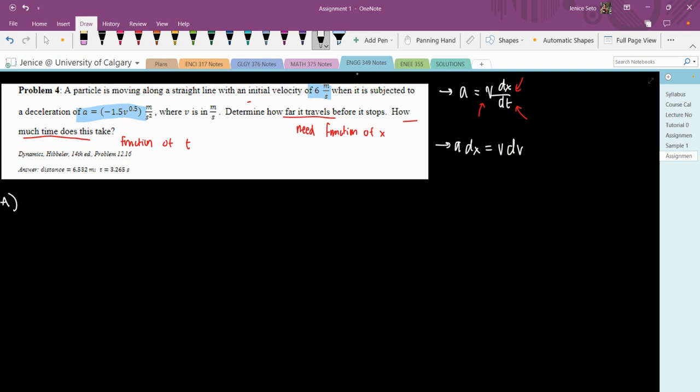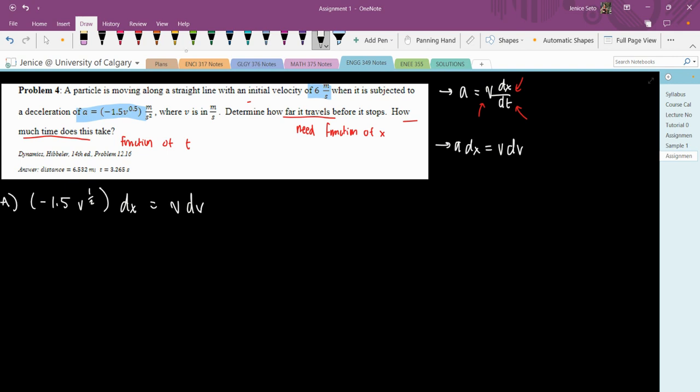So, same thing, this is negative 1.5 v to the half, and this is with respect to dx, and we have velocity with dv, and let's get this dx on its own.